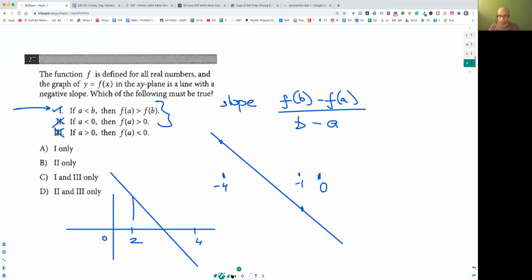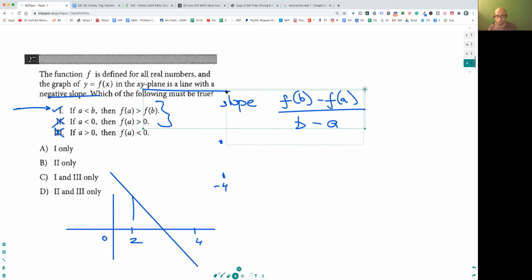So let's think about it like this. The slope here is... you don't understand the whole question. What the question is saying is it's defined for all real numbers, and this is a line with a negative slope. So all you have to do here is, I think drawing graphs is easier.